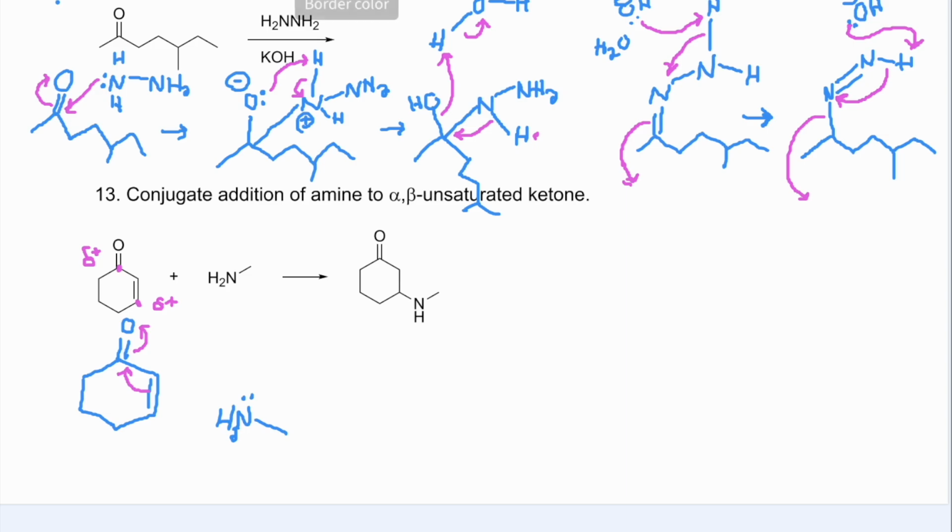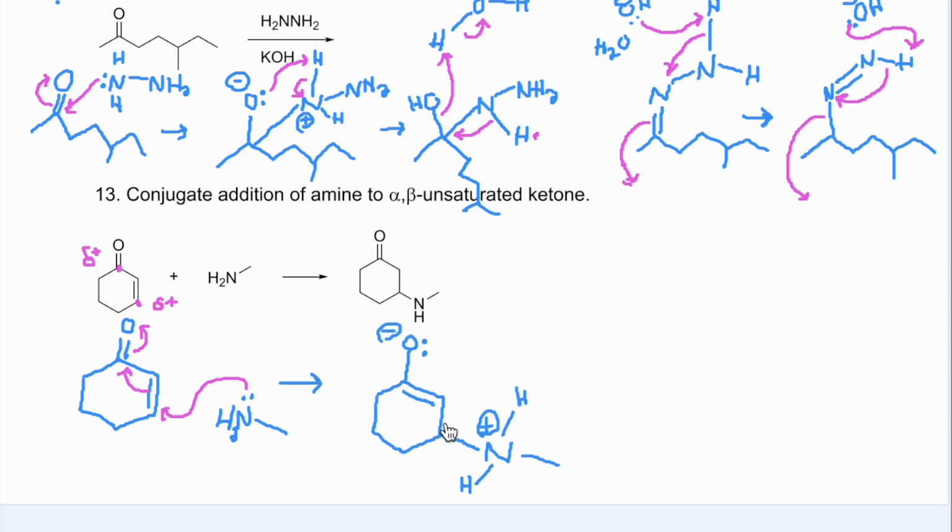Let's show that. So here we have the intermediate. We need to have a proton transfer here because this nitrogen doesn't really want to be positive. Also, the oxygen doesn't particularly want to be negative. So we'll have the ketone reform its bond.